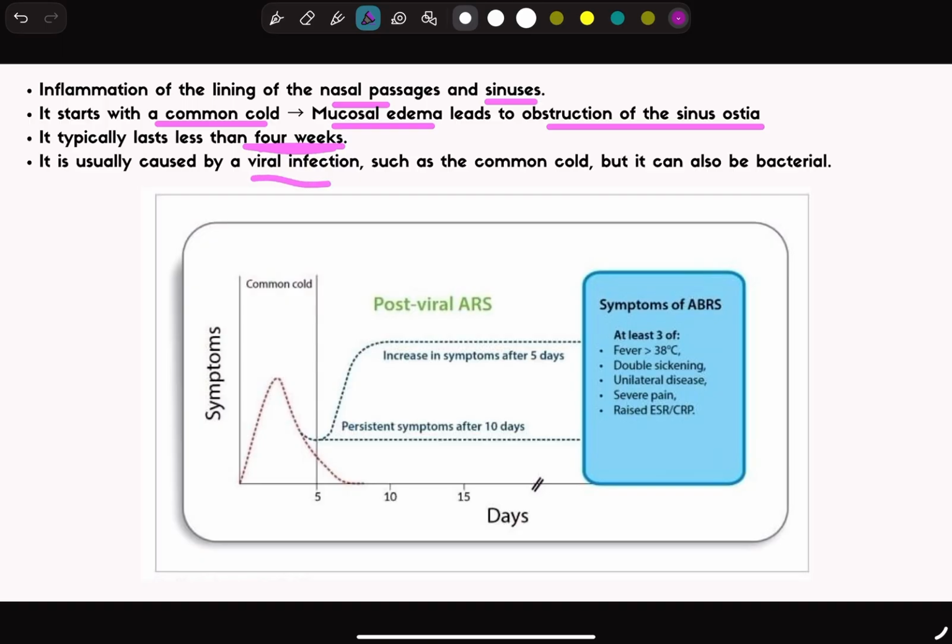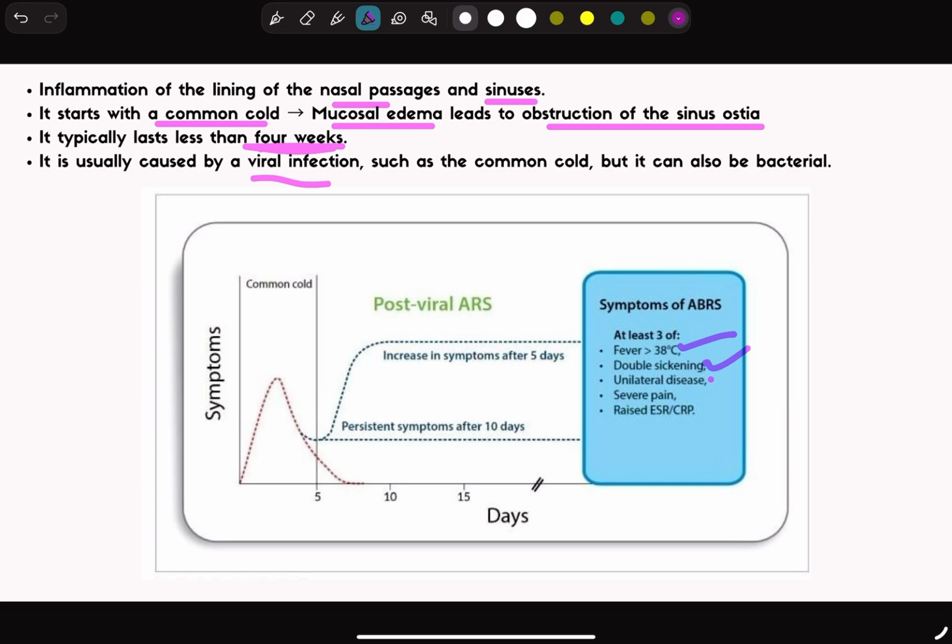However, it can be bacterial, especially if we have high fever, or if the patient reports improvement and then gets worse, so they improve and then they get worse, that's a sign of bacteria.